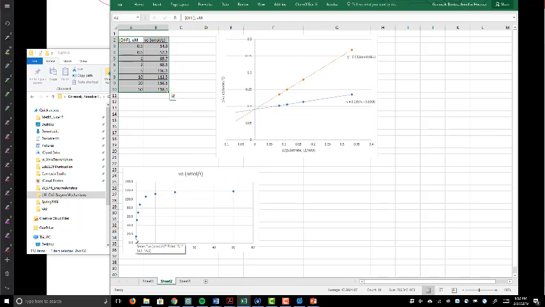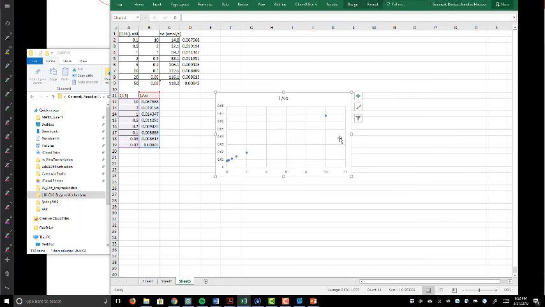But when it's at the end of a line, if it's off, and very often if there's going to be a data point that's off, it's going to be this one, because that's the measurement closest to the noise, so it would have the largest error associated with it. That can really mess with your numbers.